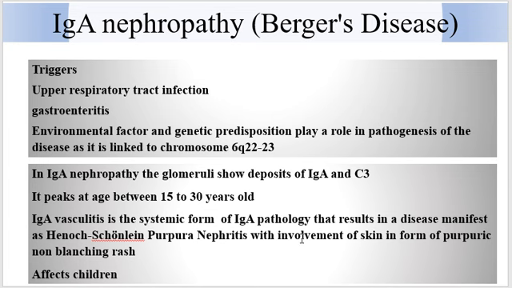Usually the patient is a child, and presents with a lower limb or trunk rash, and usually the rash is non-blanching on pressure, and it is also associated with nephritis, proteinuria, and hematuria. So the manifestation in the systemic form of IgA pathology could be nephritic or nephrotic syndrome.